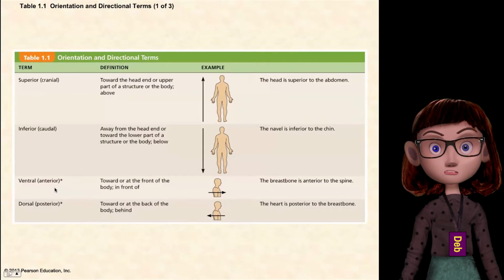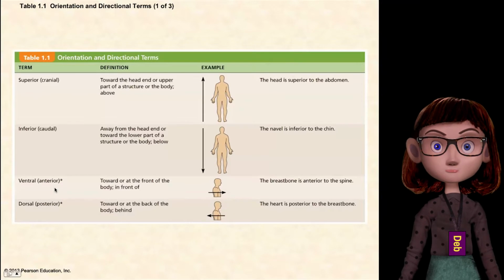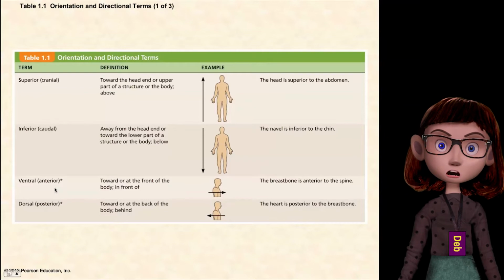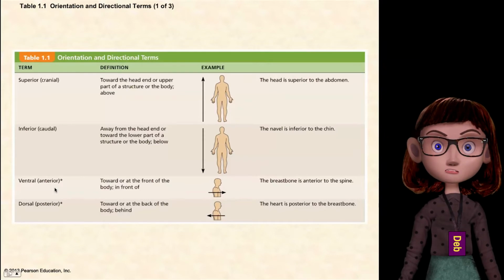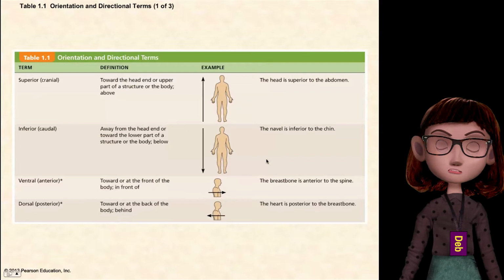Ventral is also anterior. On bipeds, like human beings, because we stand upright, anterior is the front. A four-legged animal, their belly is down toward the bottom, so the belly side is ventral. So the definition: toward or at the front of the body, in front of.